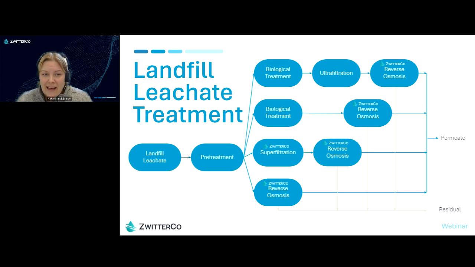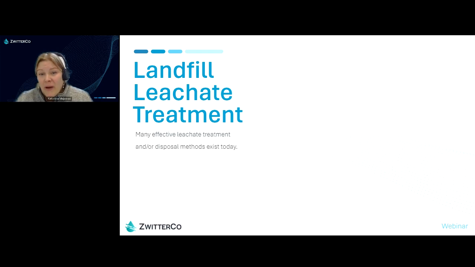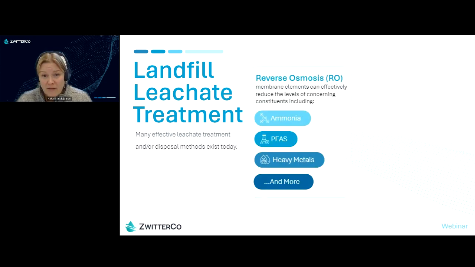As you can see on the slide, we have reverse osmosis membranes frequently showing up as a treatment option. RO, as the finest level of filtration known, is gaining a lot of ground as the technology of choice, as it can effectively remove up to 99% of dissolved salts and contaminants in leachate.